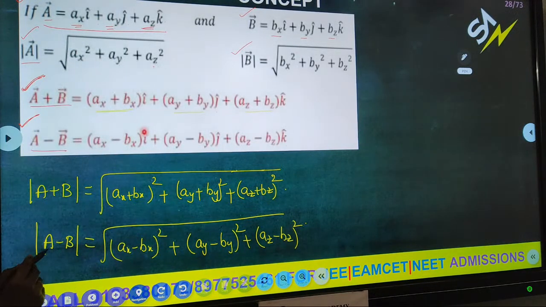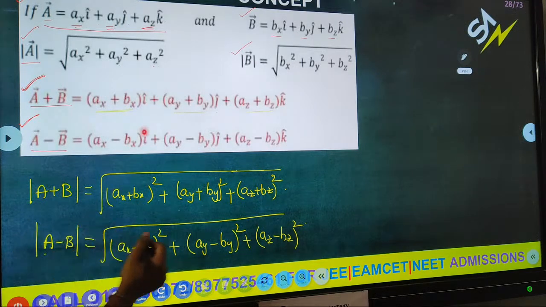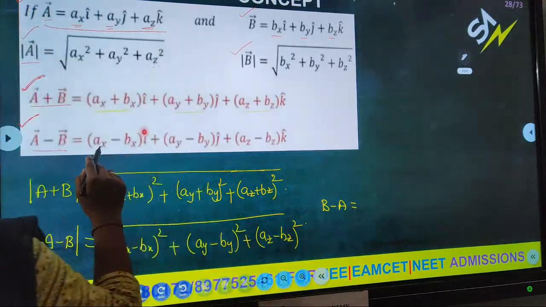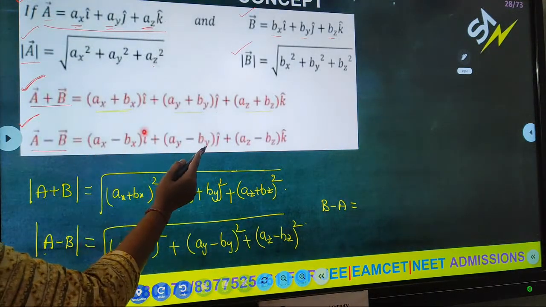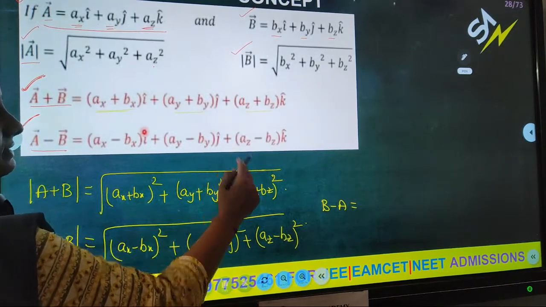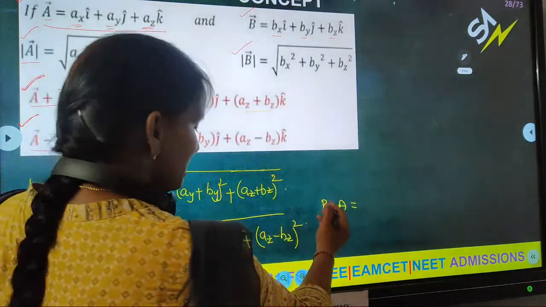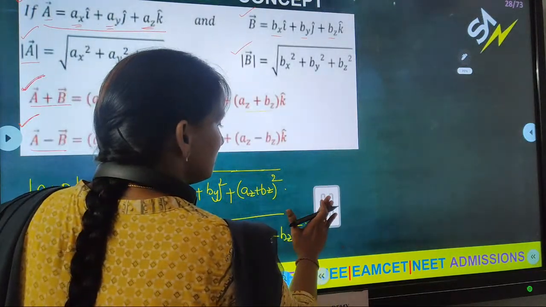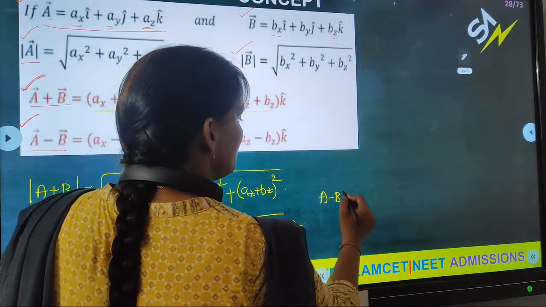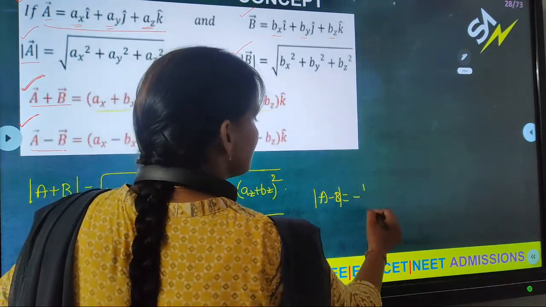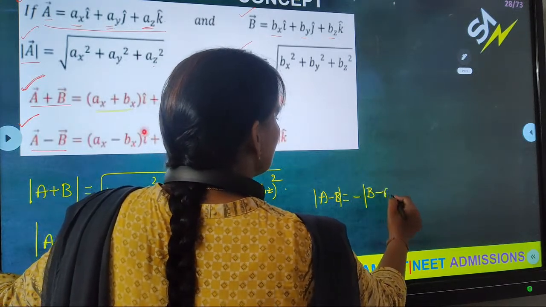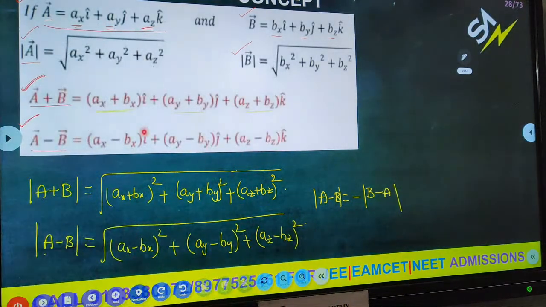It is a minus b. If you are taking b minus a, we need to take bx minus ax, by minus ay, and bz minus az. So b minus a is not equal to a minus b. We can write magnitude of a minus b is equal to magnitude of b minus a.